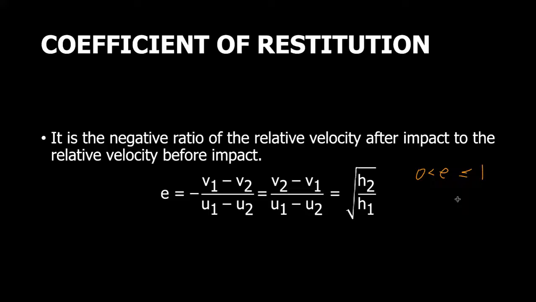But later on, we will study that in our problems. The coefficient of restitution is the measure of how much kinetic energy is conserved. If your E is 1, it means the kinetic energy is really conserved. If it is 0, not all of it is lost, but they stick together, so the kinetic energy of one negates that of the other.